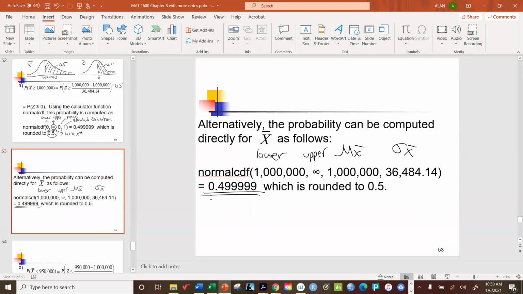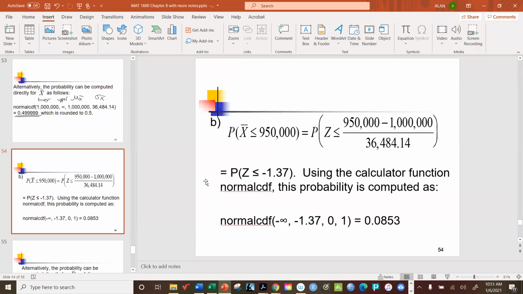All right, the second question was less than or equal to $950,000. Now this one is equivalent, let's see, let's draw a little picture here.